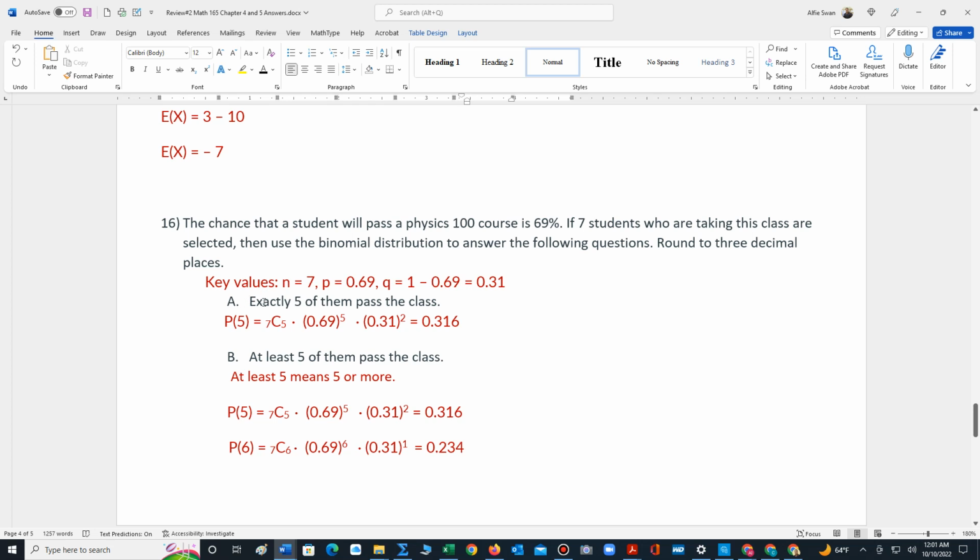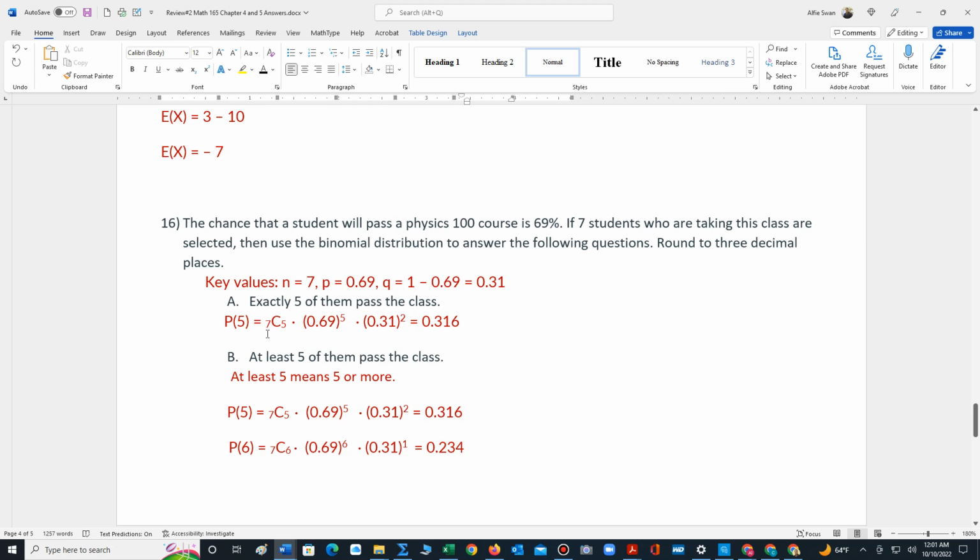For part A, it's saying we want exactly 5 of them to pass. So we apply the binomial distribution formula. P of 5 is we have 7 students, we choose 5 to pass, times the chance of passing is 0.69, raised to the 5th power because we want 5 to pass.